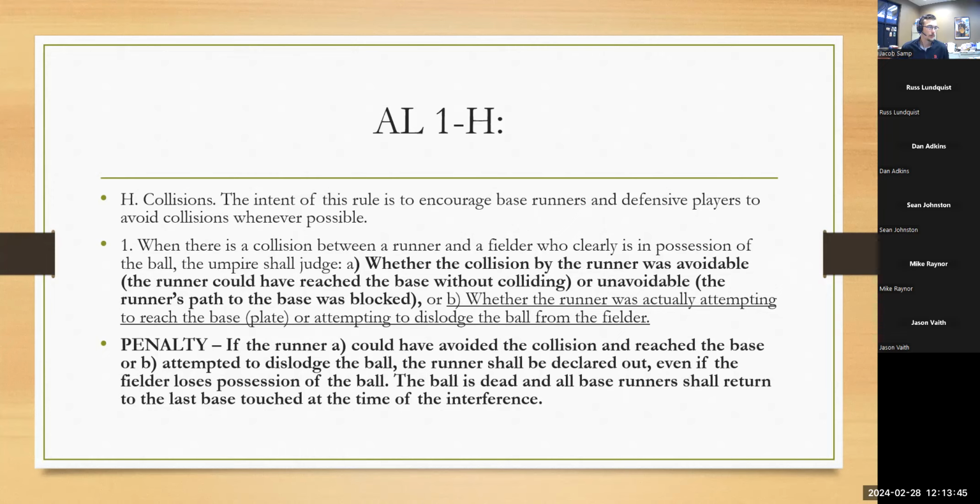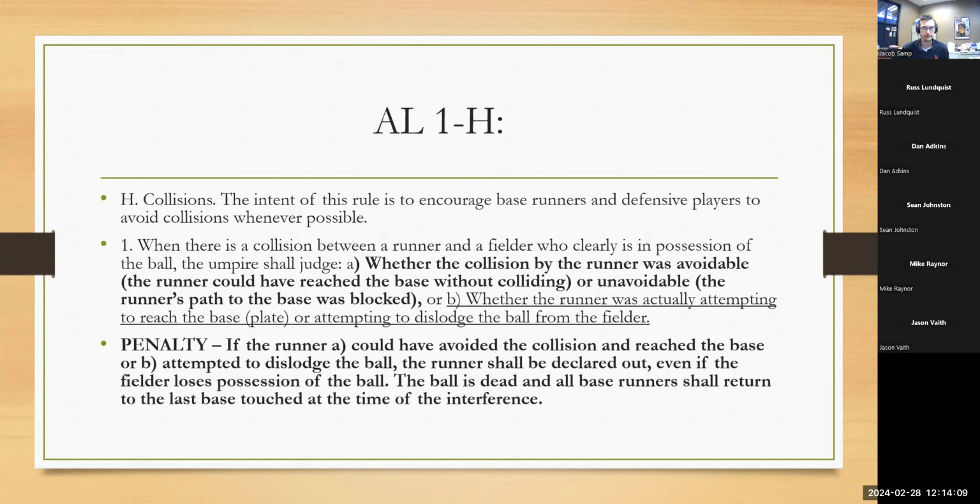Avoidable being they could have reached the base without colliding. Unavoidable, path was blocked. Were they actually attempting to reach the base or attempting to dislodge the ball from the fielder? This is where we start judging intent to dislodge the baseball.